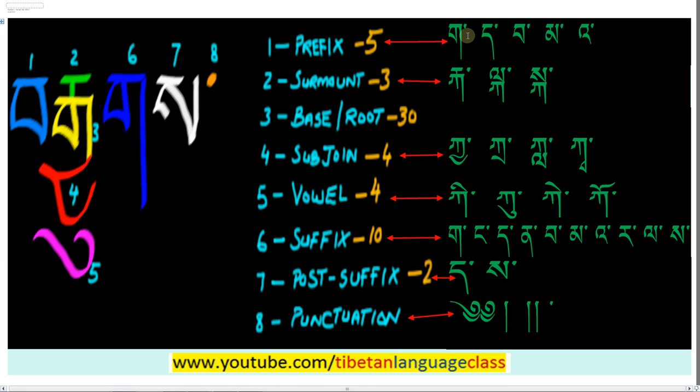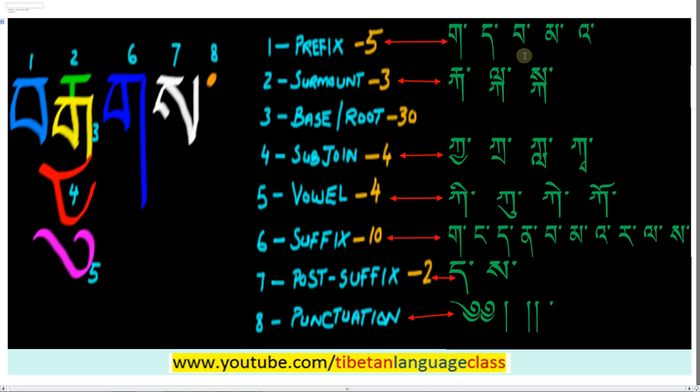And then again, that doesn't mean this letter will act as a prefix to all the other 29 letters or whatever. That's not what I'm trying to say. But to a selected few letters, this could be used as a prefix, and then to a selected few other letters, this could be used as a prefix.